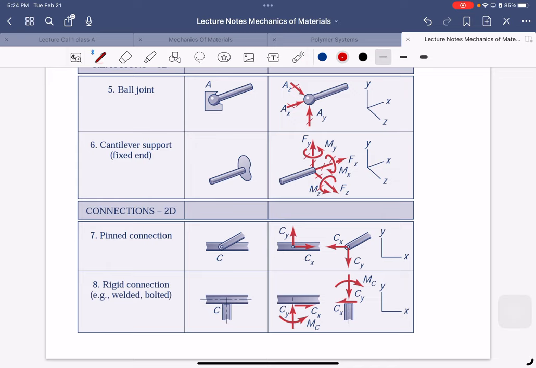For example, if we have this system, we can simplify this area, so this one will be our free body diagram. But I will explain more completely on the next slides.